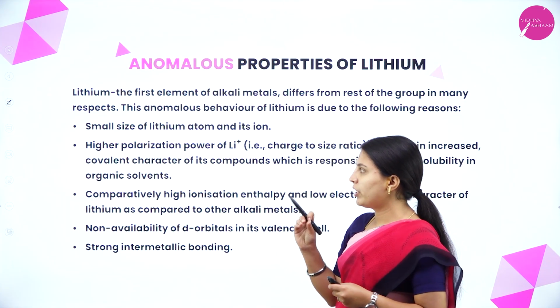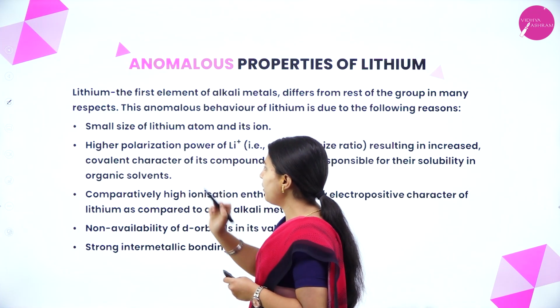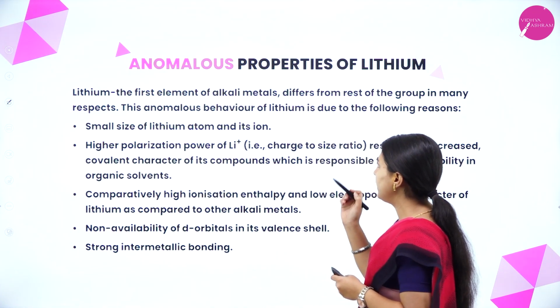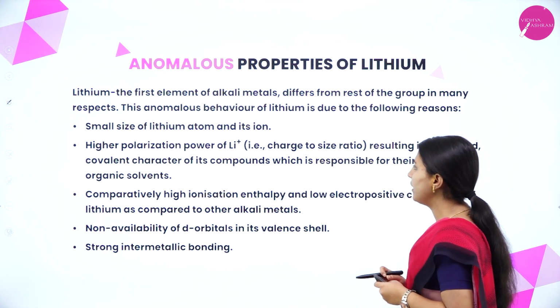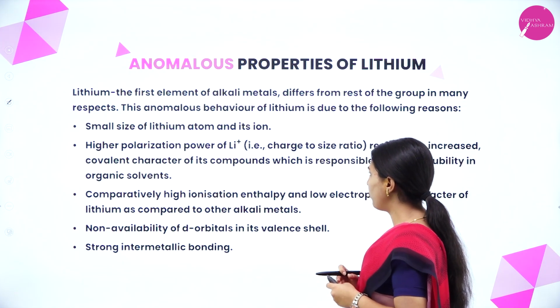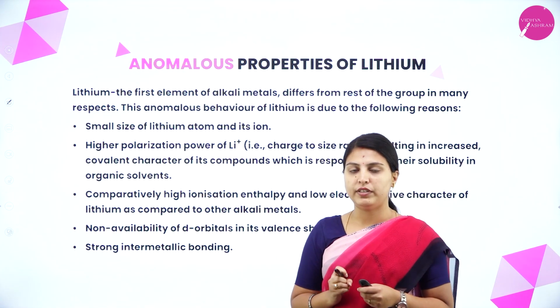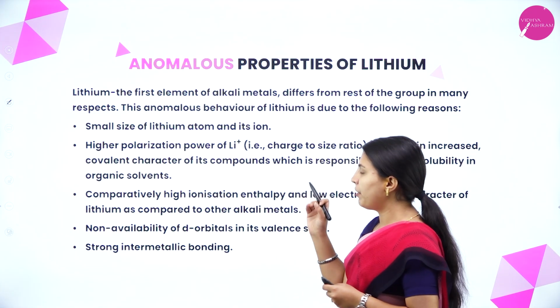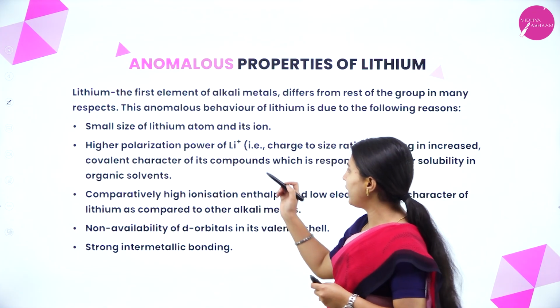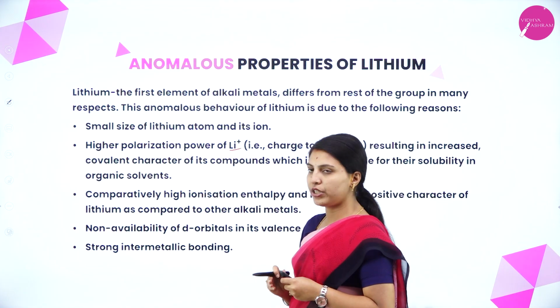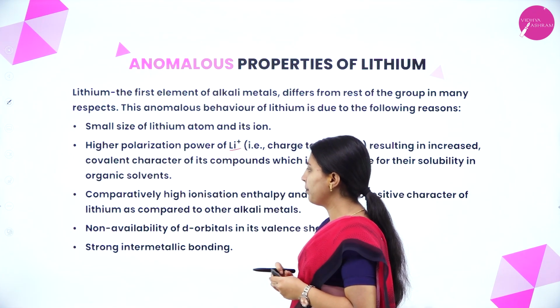Higher polarization power of Li+, resulting in increased covalent character of its compounds, which is responsible for their solubility in organic solvents. This cation has high polarization power. That is also one reason.